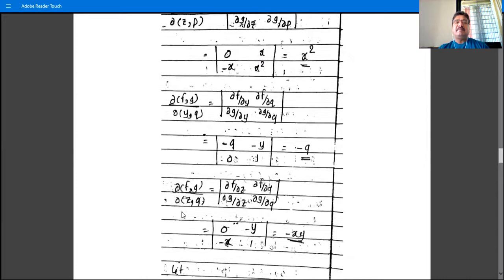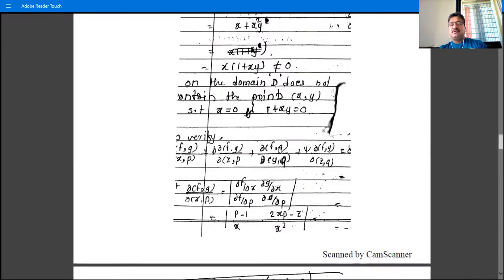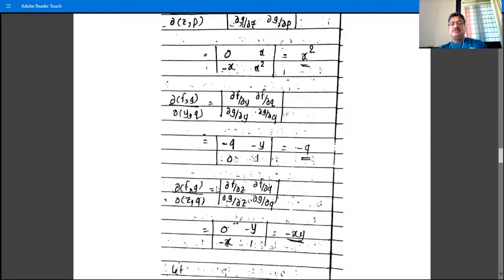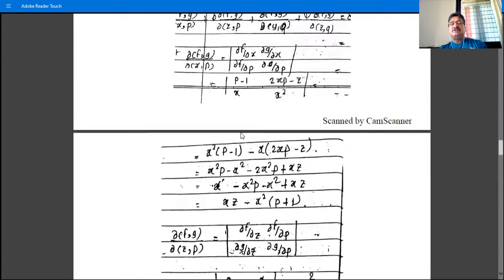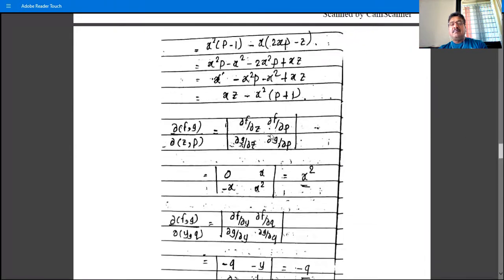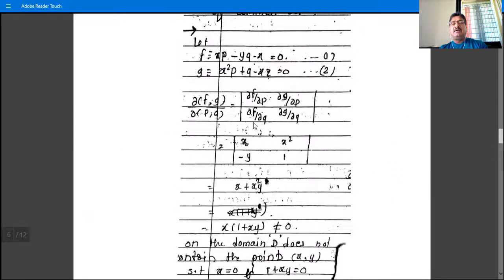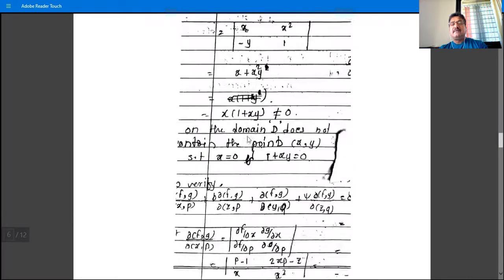Then the next determinant, ∂(f,g)/∂(y,q). So ∂(f,g)/∂(y,q) is what? ∂f/∂y, ∂f/∂q, ∂g/∂y, ∂g/∂q. The derivative of f with respect to y is minus q, and ∂f/∂q is minus y.